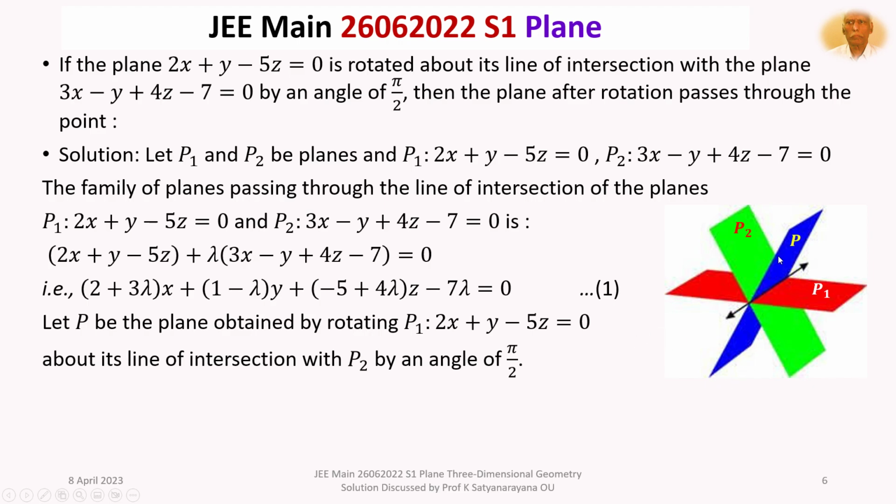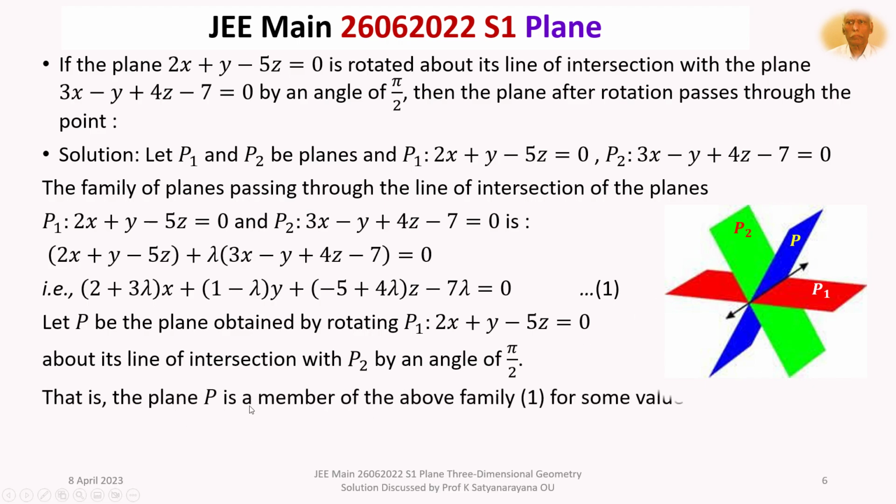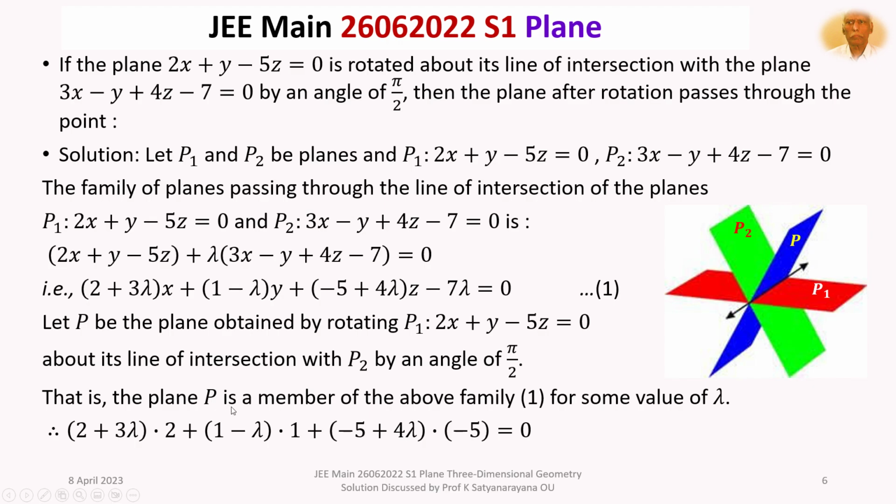So this green one is the plane P. How do you get it? The plane P is a member of the above family, given by 1 for some lambda. That lambda we have to find. We get P by rotating P1 by an angle pi by 2 about the line of intersection with the plane P2.